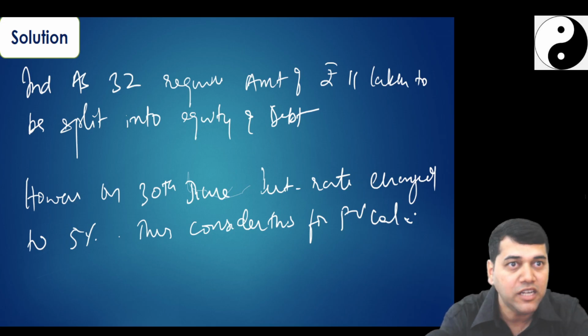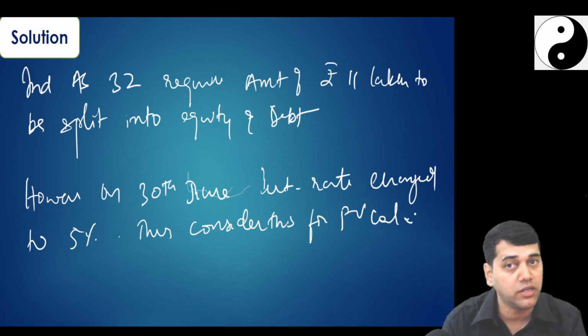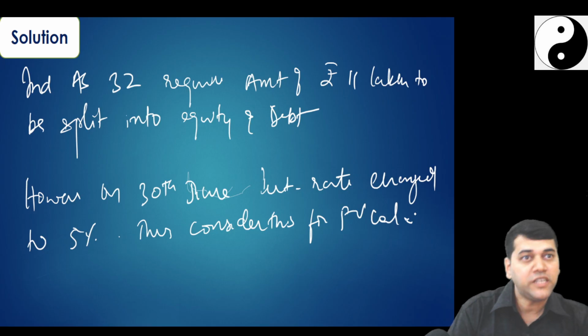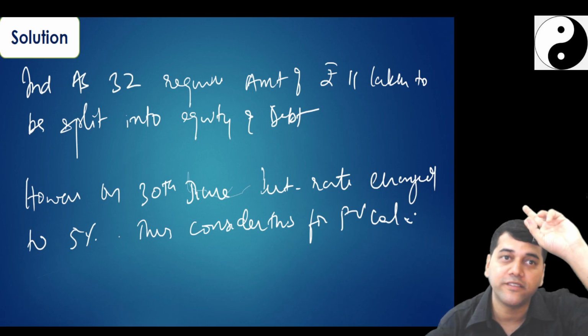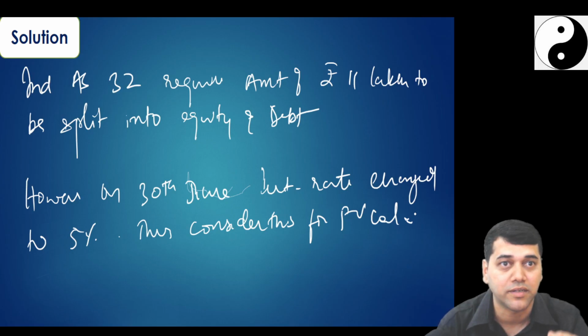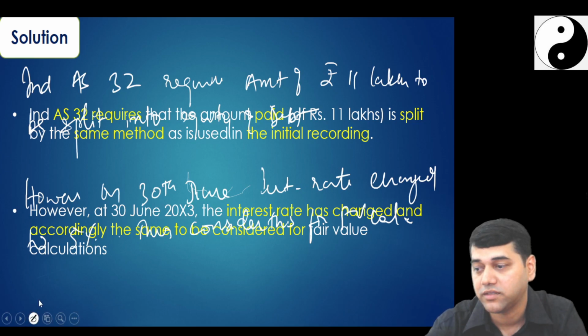If I have to pay right now, what is my right now market interest rate? 5%. So find out at 5%. Are you clear? Differential portion, equity. This problem we didn't face in that financial asset, early settlement. These questions you have to compare with the financial asset, early settlement.